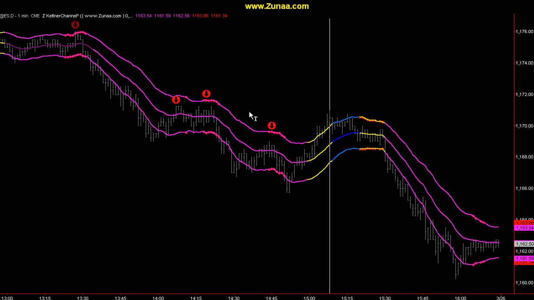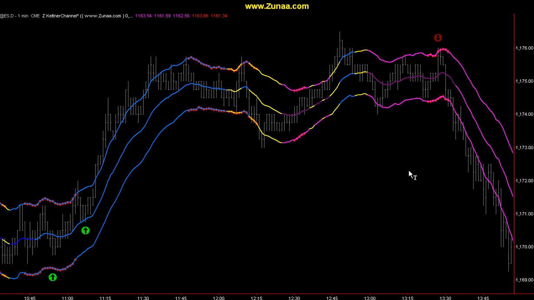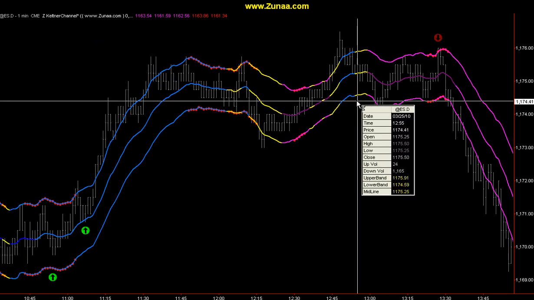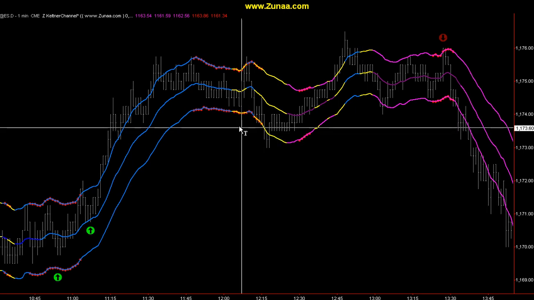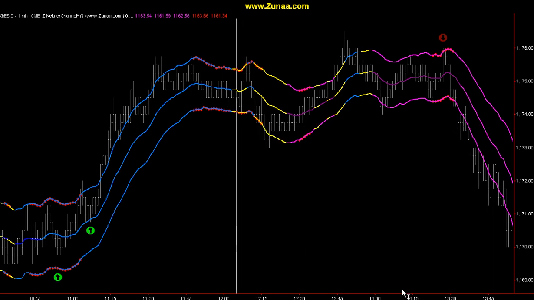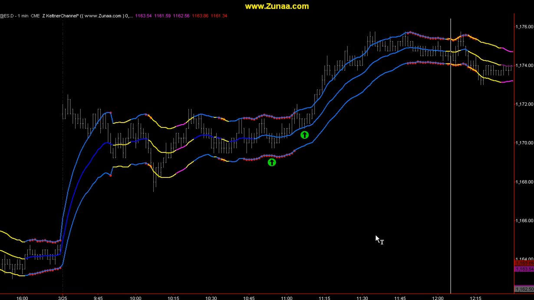I'm going to wait for the colors to change to either bearish or bullish. When they're flat like this, that's when I interpret it as, okay, heads up, a shift is going to take place. Same thing here, and here. As you can see, it's flat.